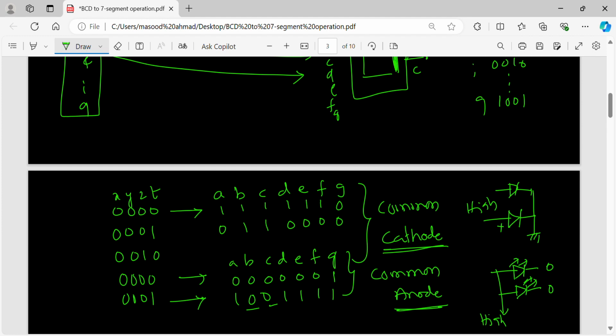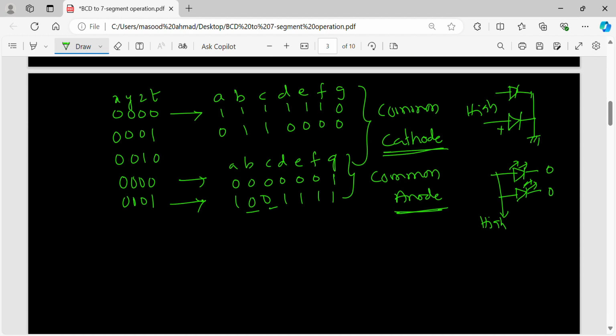Okay. So under what conditions is it not going to glow? It is something like this. If you have 1 on this side and 1 on this side, no glow. Or you have 0 on this side and 0 on this side, no glow. Okay. So if it is already connected to ground, give it 1.